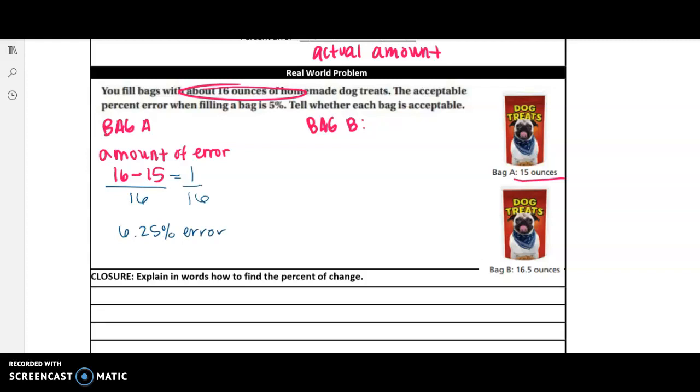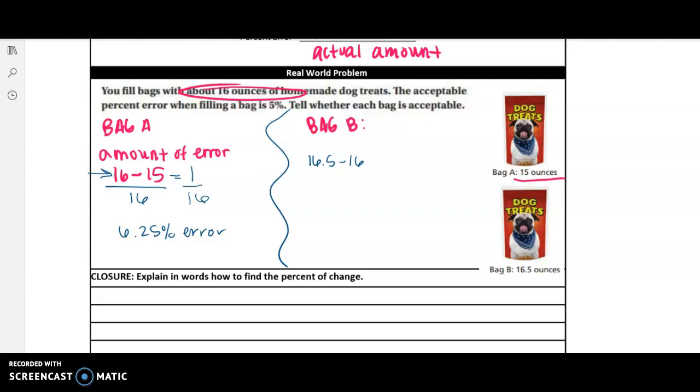of error. In bag B, our amount of error is the 16.5 minus 16. We just want it to be a positive number, so over here you'll see that I did 16 minus 15.